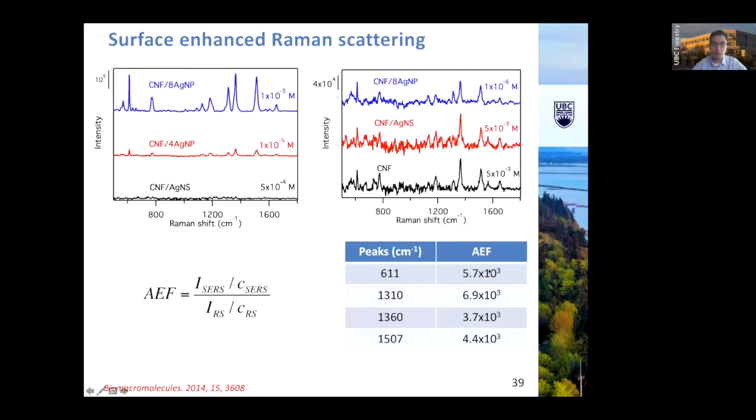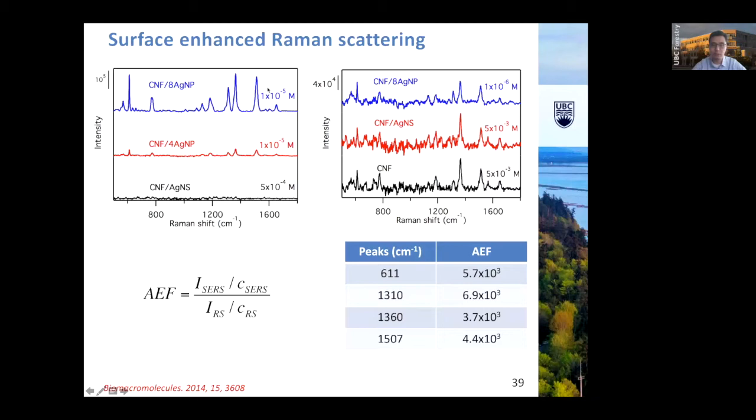And then for this one, we are using it for the water contaminant detection. Here we are using Rhodamine 6G as a model toxicant. Here we have the silver nanoprism at different concentrations, and the silver nanoparticle we call silver nanosphere. For the silver nanosphere, even at 5 times 10 to negative 4 molar concentration, we couldn't detect any peaks.